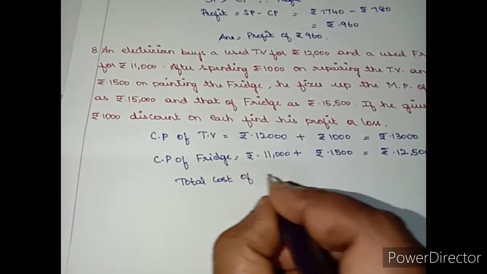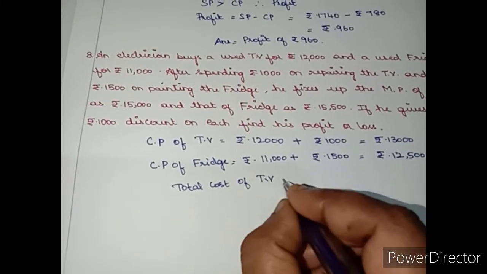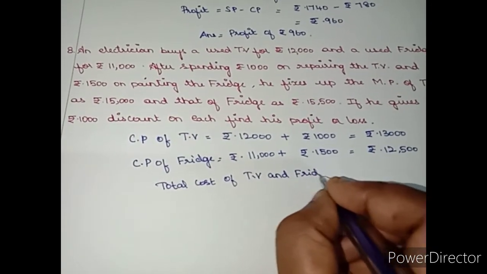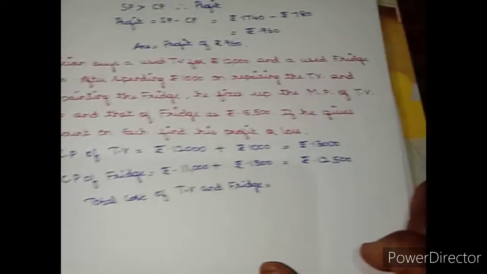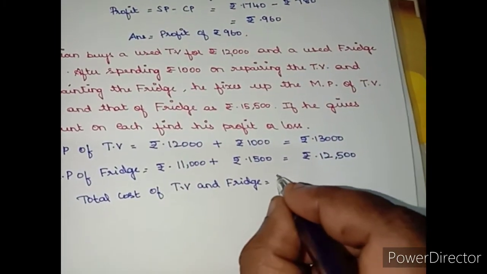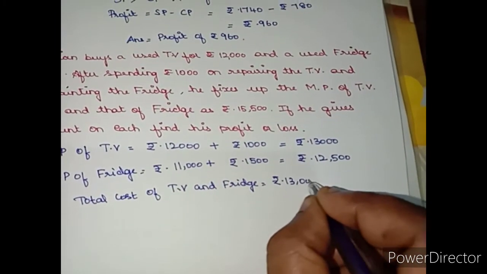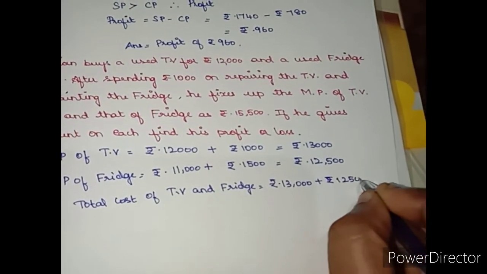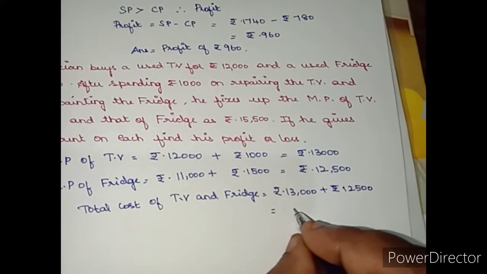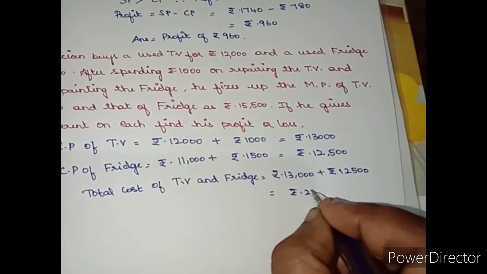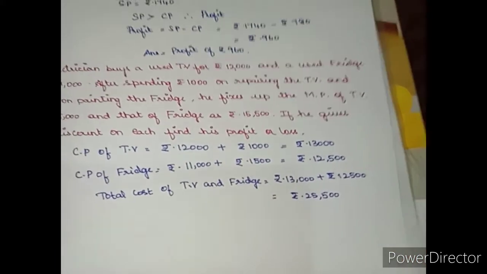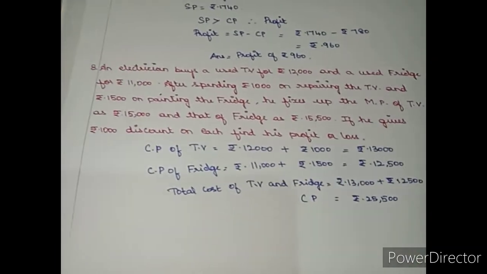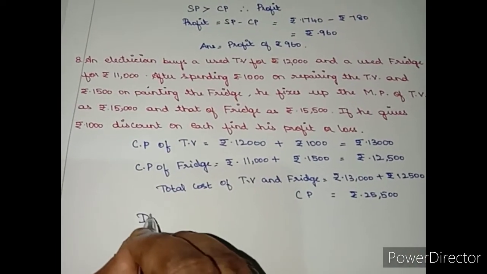Okay, so total cost of TV and fridge is equal to rupees 13,000 plus rupees 12,500. It is rupees 25,500. So CP is 25,500. So what is the discount he is giving?